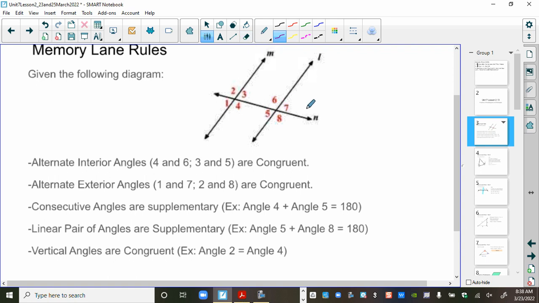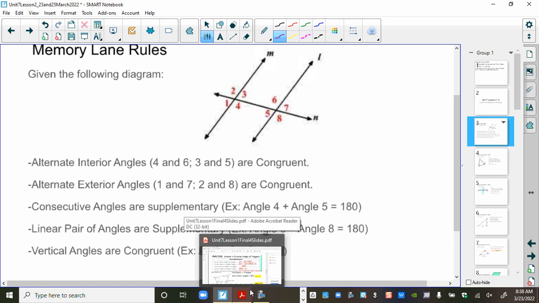We're going to be dealing with them in some way, shape, or form. Again, I promise. Do we remember like alternate interior, alternate exterior, consecutive, linear pair, vertical angles? Do we remember those from way back when?